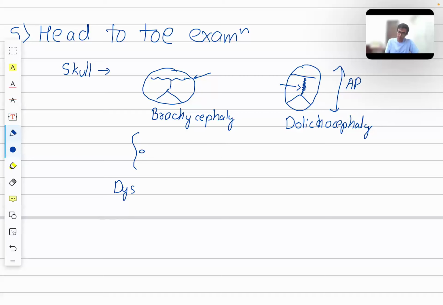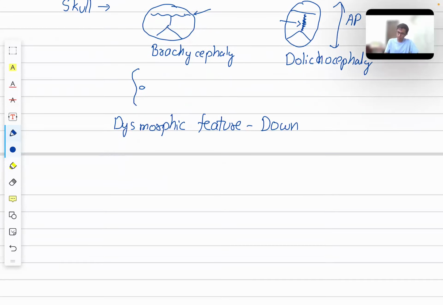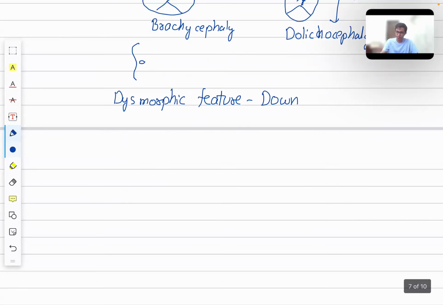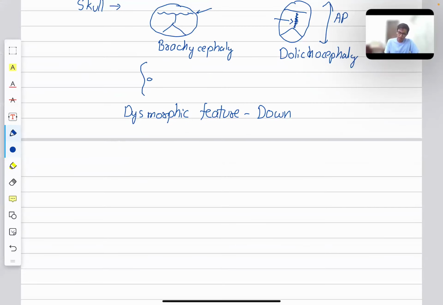Dysmorphic features may be seen in Down syndrome. Down syndrome is a very favorite LAQ, SAQ, or a viva topic, even in your theory and even in your practicals. So read all the features seen in Down syndrome very well. What are the conditions where there would be delayed closure of fontanelles?